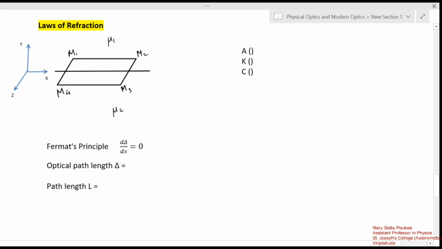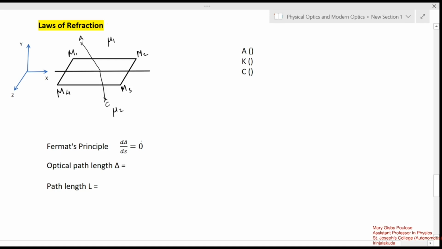Let a light ray from point A be incident on the refracting surface and get refracted towards point C. The light ray can refract upon any point on the surface of M1, M2, M3 and M4.